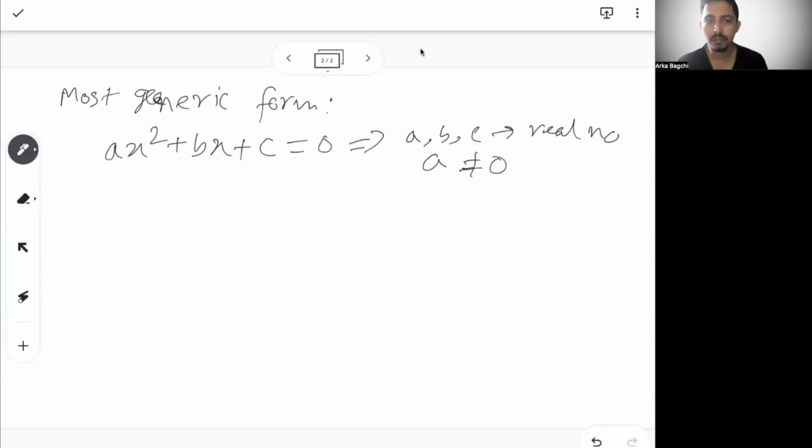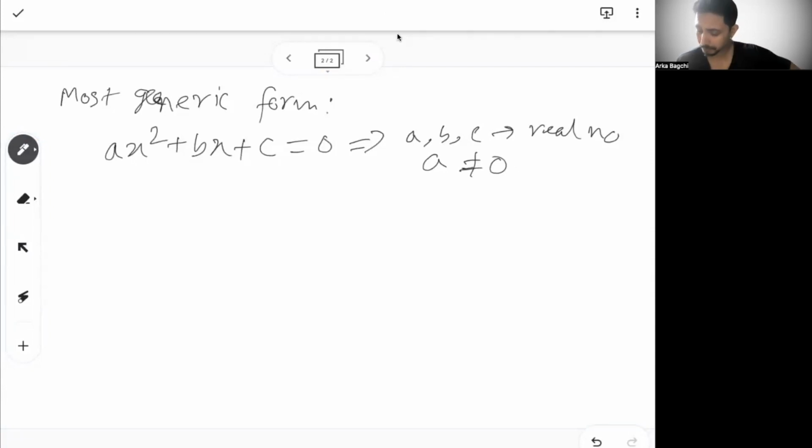If a is equal to 0, your ax square term becomes 0, so it will not remain quadratic anymore. This is the most fundamental part of a quadratic equation.